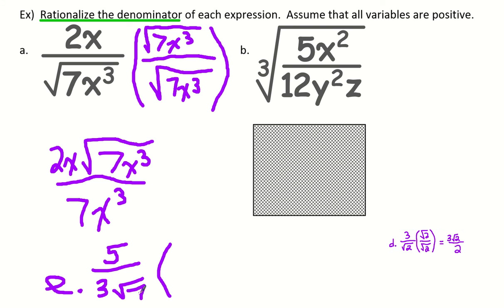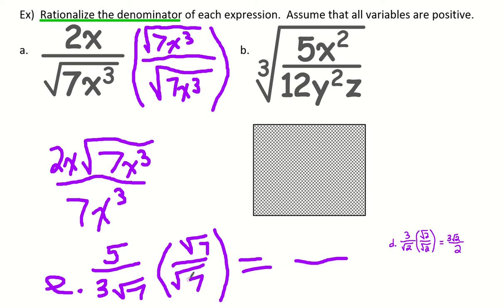In this situation, all you really got to do is multiply top and bottom by root 7. Now, if you were multiplying by 3 root 7, you would end up with the 3 times 3, which is 9, and then the root 7 times the root 7, which would be a 7. So you'd end up with 9 times 7, which is 63.